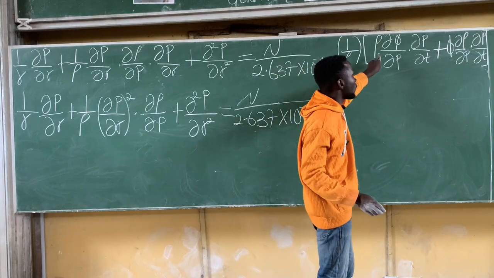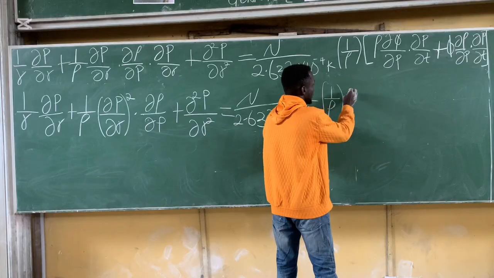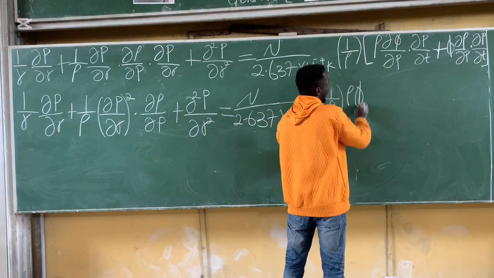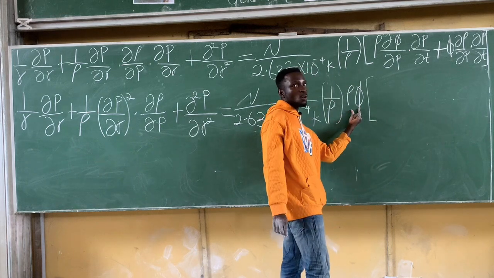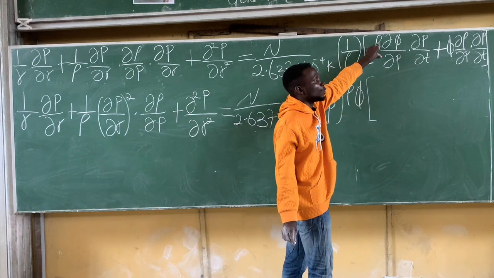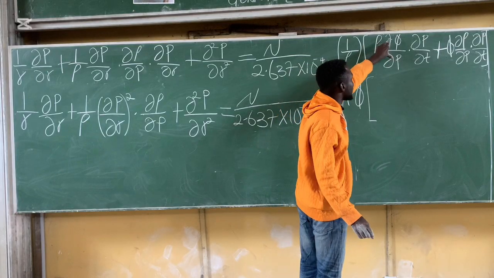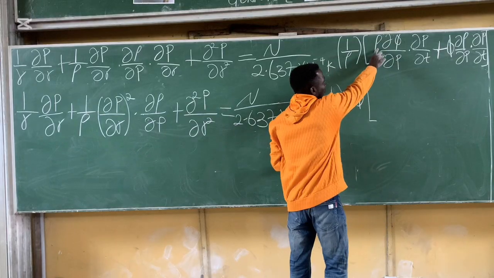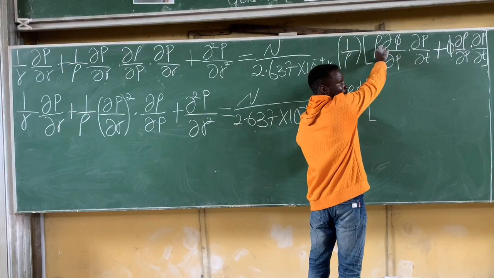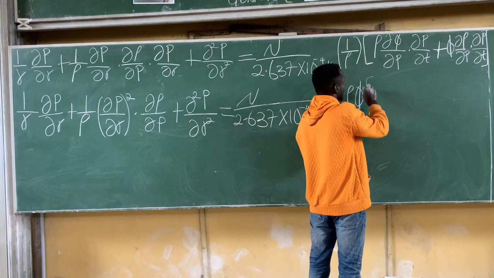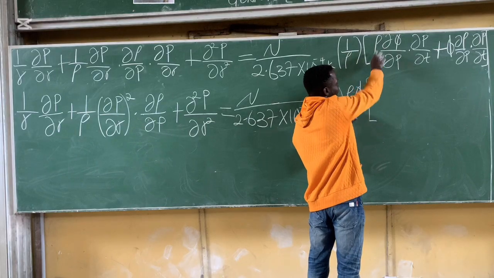Now I said that we are going to factor out what? Rho and what? Phi. If you factor out rho phi from this first equation, what are you going to have? Factor out phi, there will be no phi here. Then also factor out rho, there is no rho here. If you look at this, there is no phi.